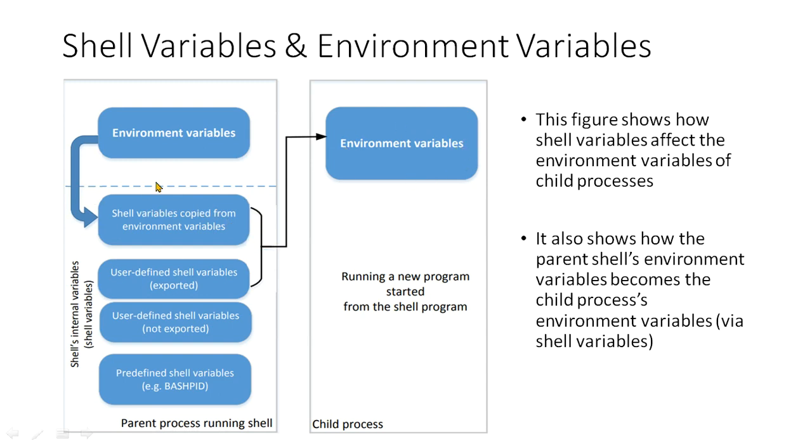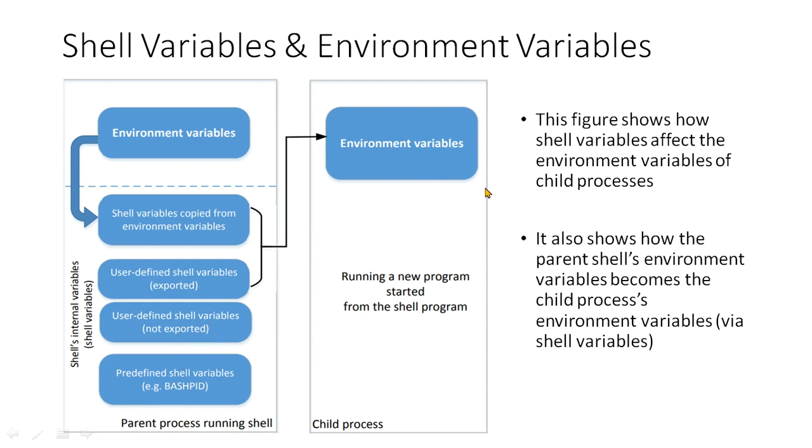But not only this set of the original parent's environment variables is copied to the child process, also whatever user-defined variables in the shell, if they are exported, are also copied to be part of the environment variables of the child process. But if we define some shell variables and we don't export them, then they stay with the parent process. They are not copied to be environment variables of the child process.